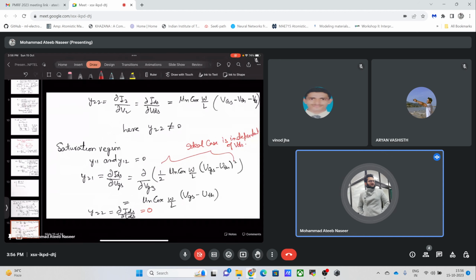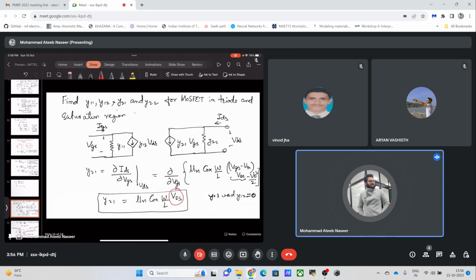In the previous equation, Y21 was dependent on VDS, so to increase Y21 we needed to increase VDS. But for a particular technology there is a maximum VDS, a finite power supply limitation, and we cannot go beyond that.